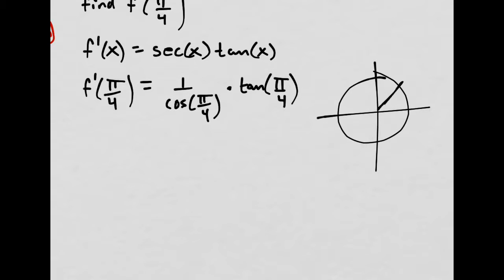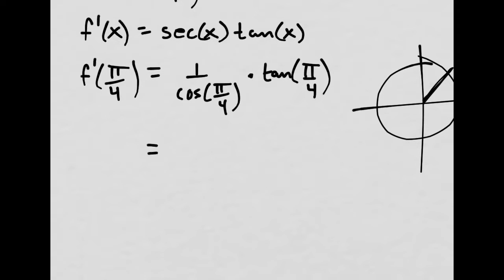Pi over 4 is right here, and I know that cosine of pi over 4 is root 2 over 2, right? That's just something I memorized. And then tangent of pi over 4 is 1. So we have 1 over root 2 over 2 times 1.